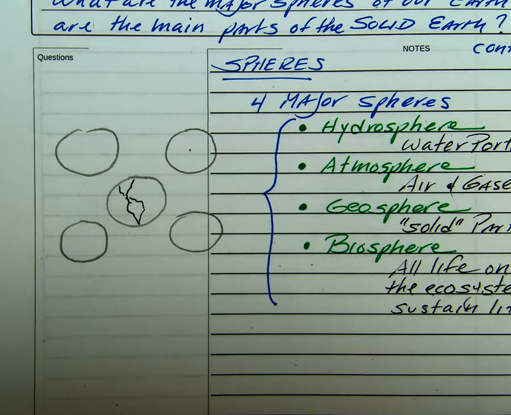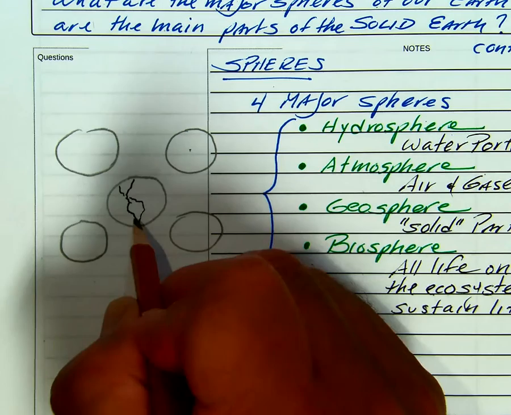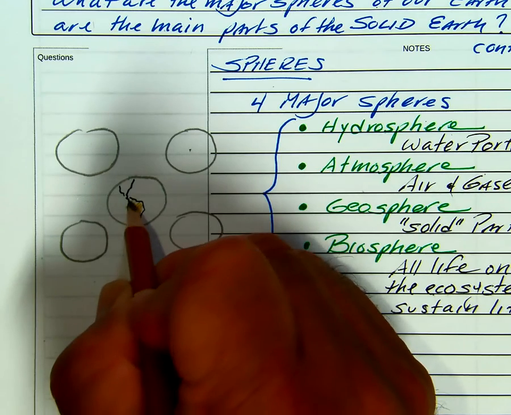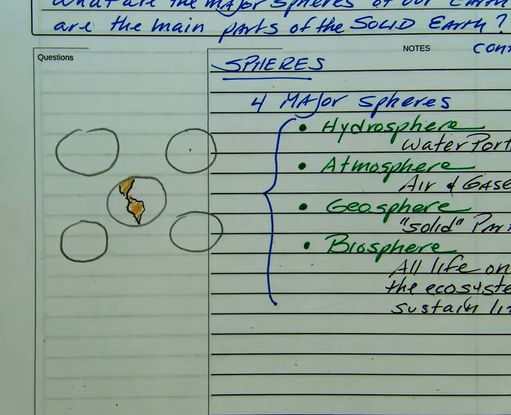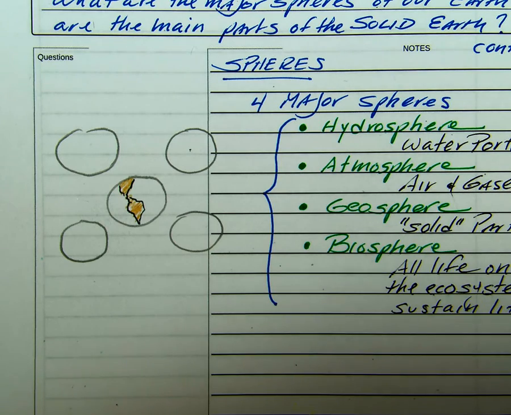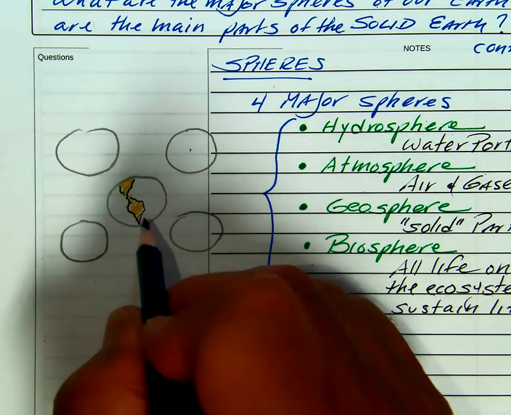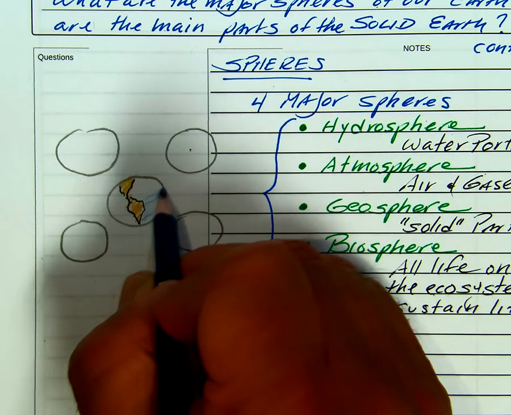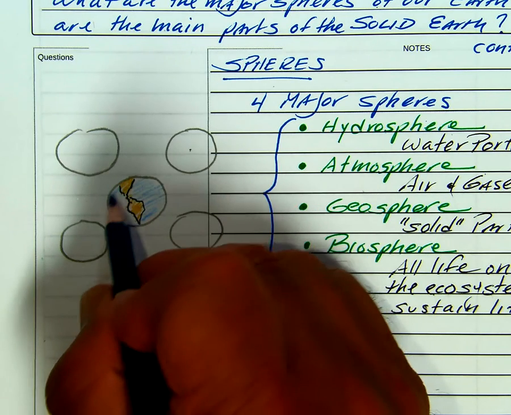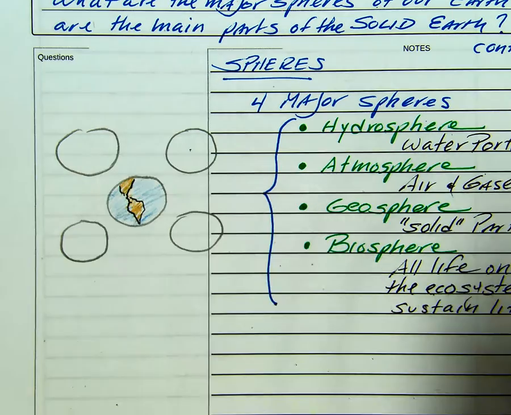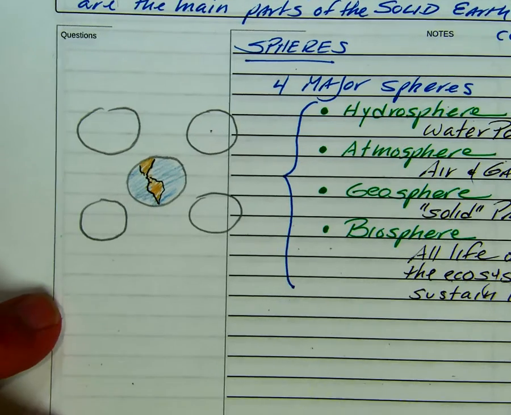I'm going to color this as land, and color the ocean blue. Okay, here is the ocean. So here's our planet, nicely described there.